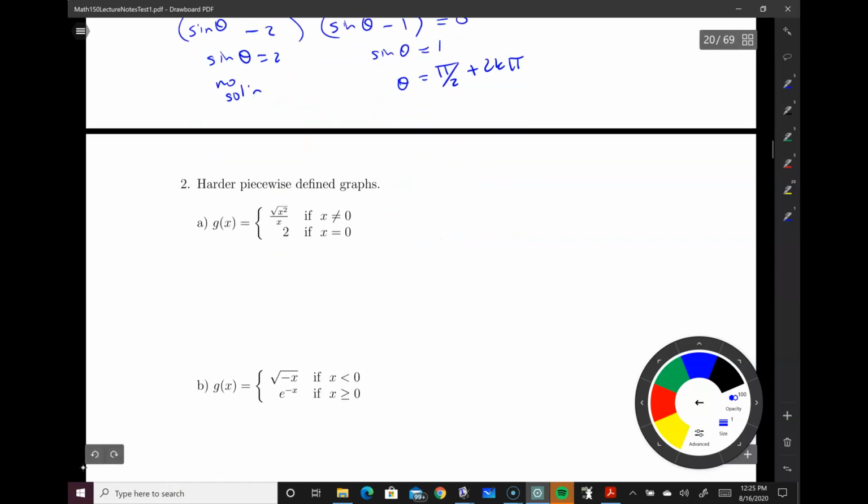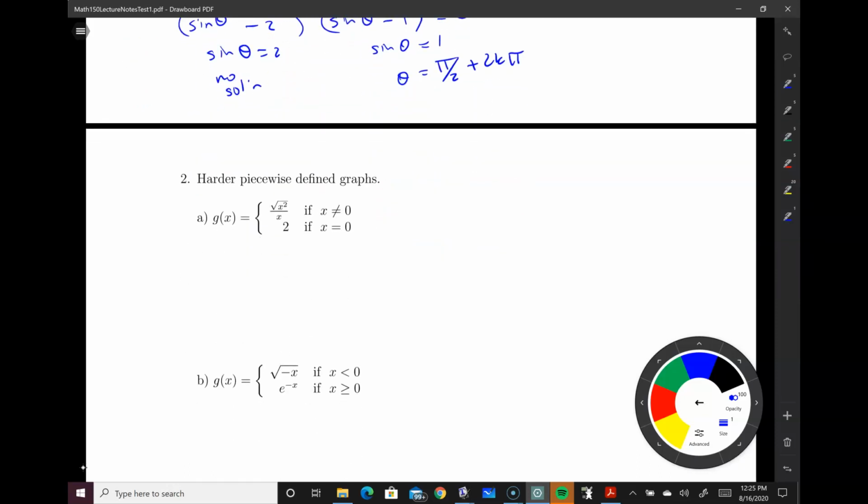All right, so let's do a few harder piecewise defined graphs. So you know this is the same thing as saying absolute value of x over x. You recognize it, and you know that's that graph. So here it is, oops, I'm sorry, not wrong way. Down here at -1 and up here at 1. And when x equals 0, it's got a filled in point at the y value of 2.